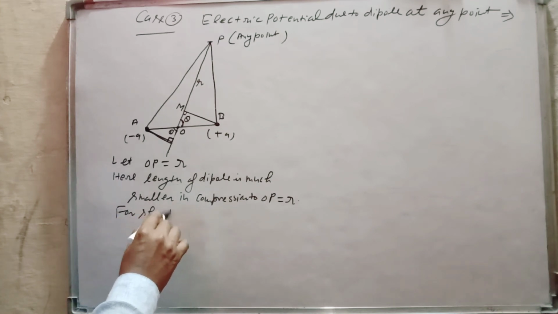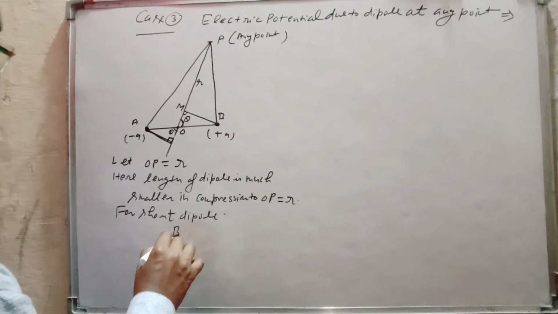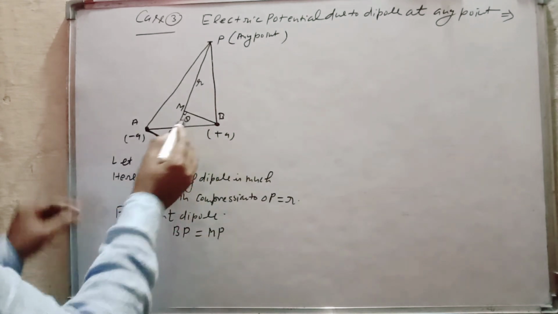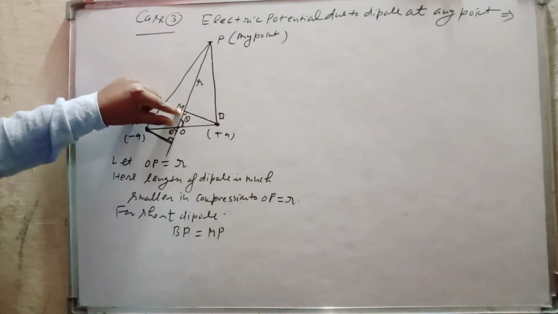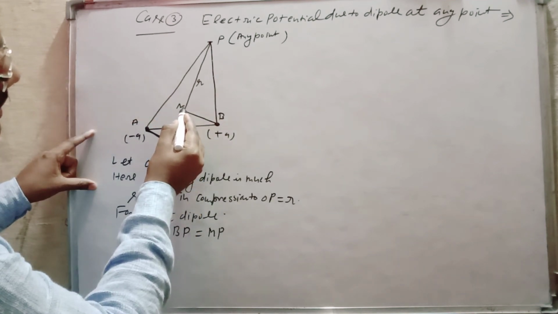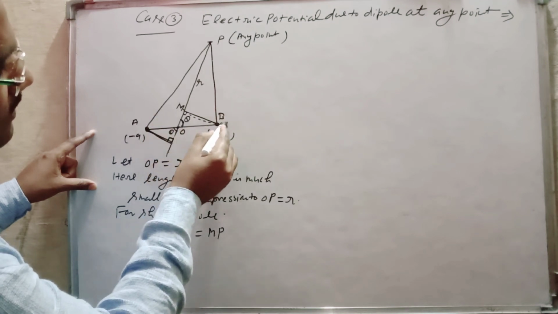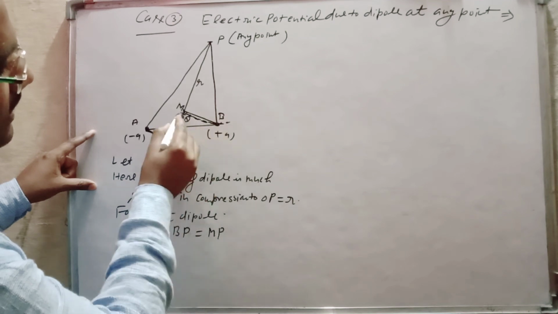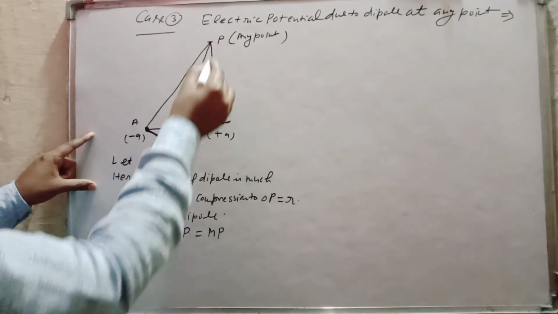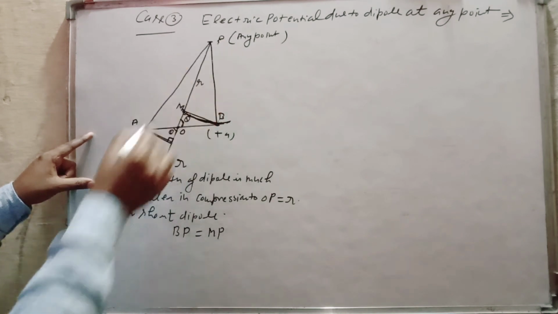For a short dipole, BP is equal to MP. For a short dipole, this length is very small, and this MB behaves like an arc. If this becomes an arc, then PB and PM become radii. That means PB is equal to PM.